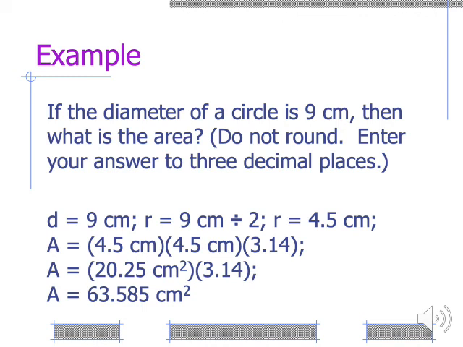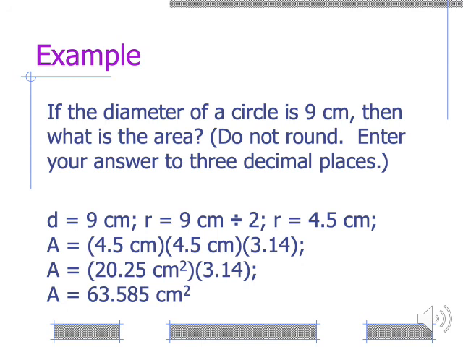Okay, so here, if the diameter of a circle is 9 cm, then what is its area? Again, do not round your answer to 2 decimal places, but instead 3 decimal places. If you want to make it easier, area is pi r squared. Given the diameter, you divide it by 2, so you have your radius as 4.5 cm.